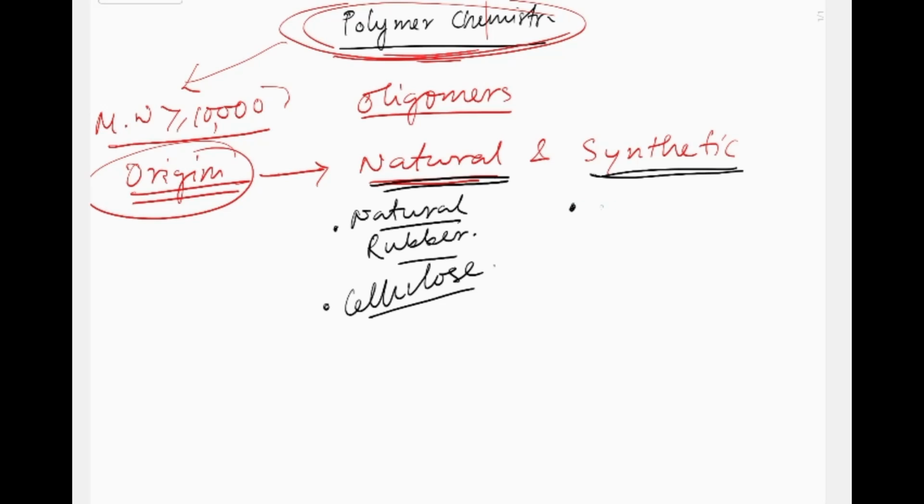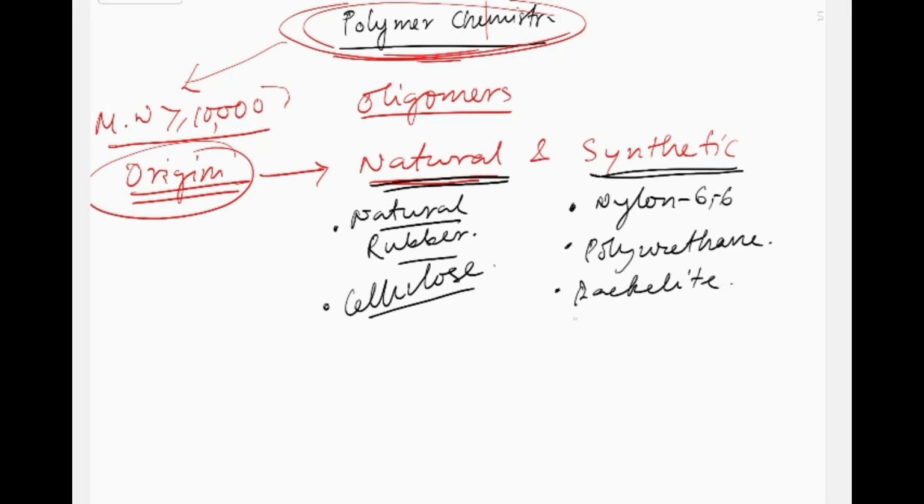In synthetic polymers, we have nylon 6,6, polyurethanes, and bakelite. Those are synthetic polymers. So this was all about the classification according to their origin. Very nice.